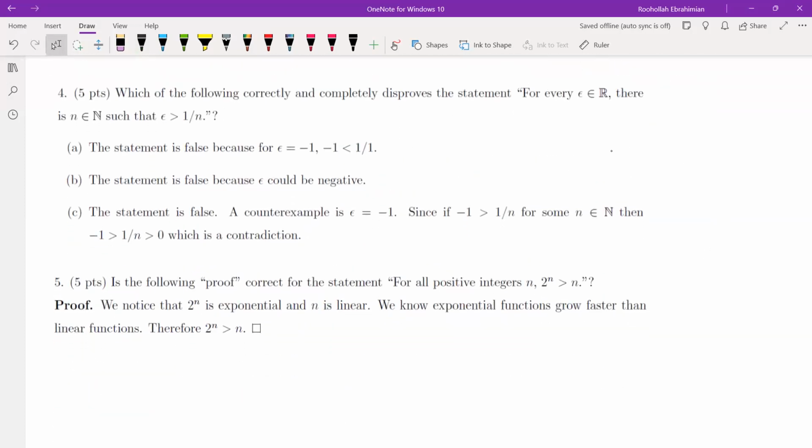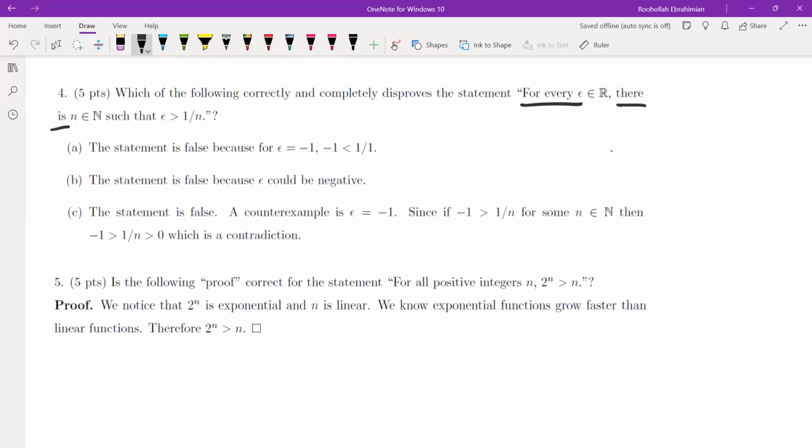Okay. The next problem, number 4. Which of the following correctly and completely proves the statement: for every real number epsilon, there is a natural number n such that epsilon is more than 1 over n? So notice that it is a universal quantifier followed by an existential quantifier.